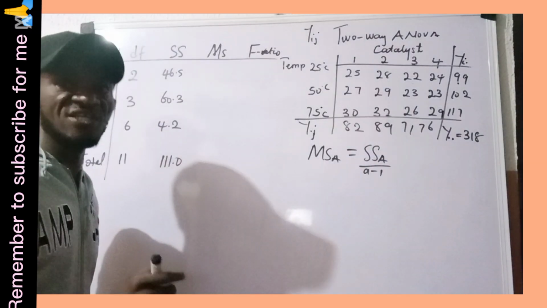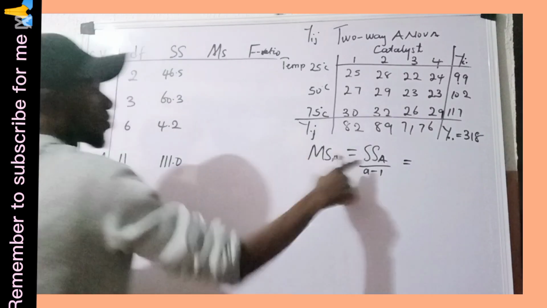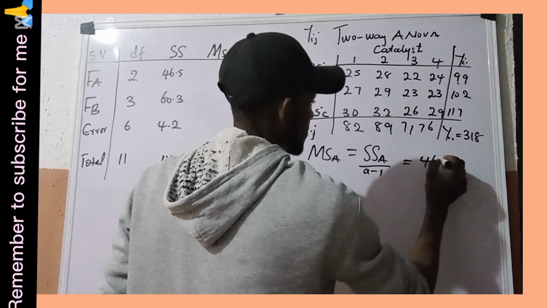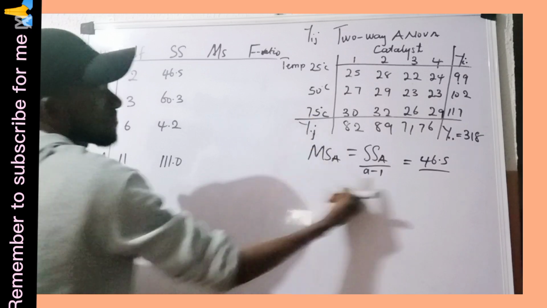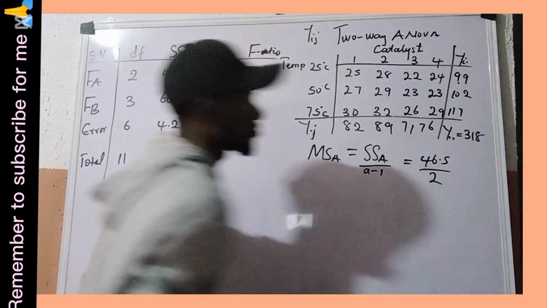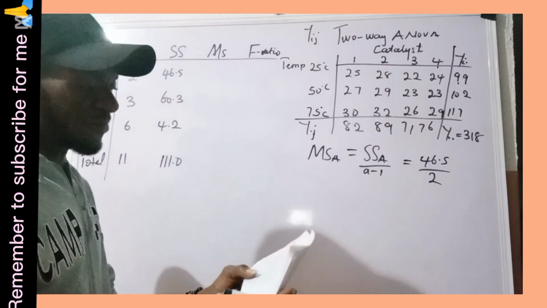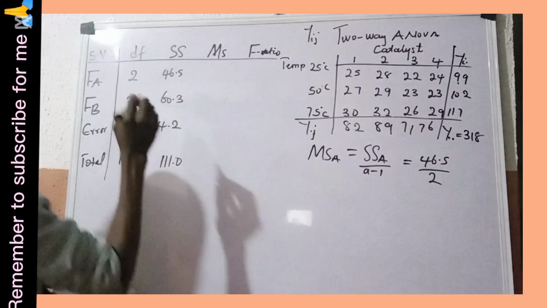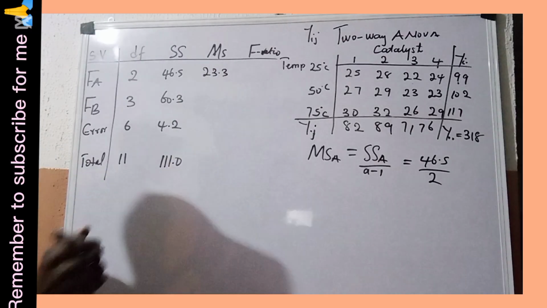This A minus 1 is the degree of freedom for factor A. We got our SS of A to be 46.5, so here becomes 46.5 all over. Remember, there are 3 levels of this factor. Minus 1, we have 2. That was why we have 2. So 46.5 divided by 2 is approximately 23.3. You can try to confirm that.